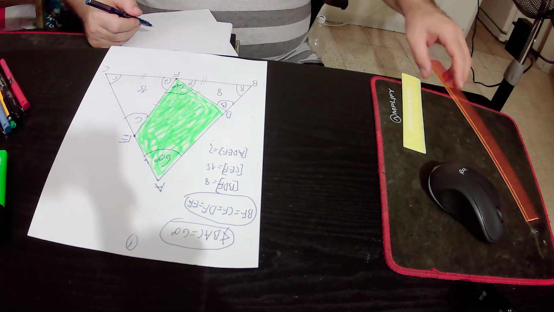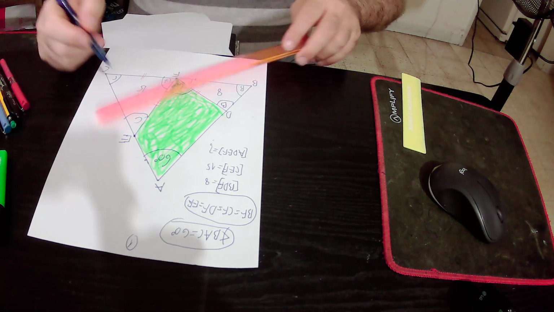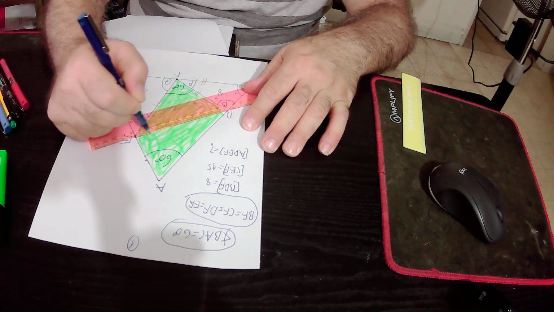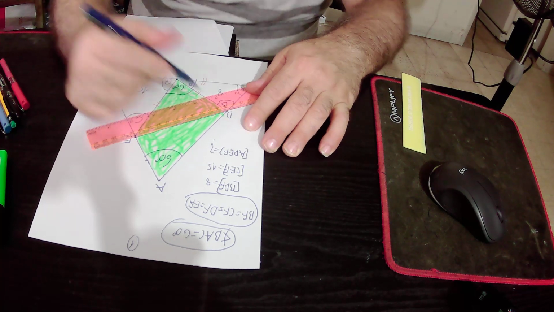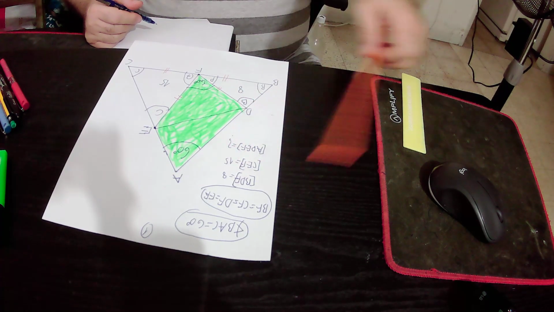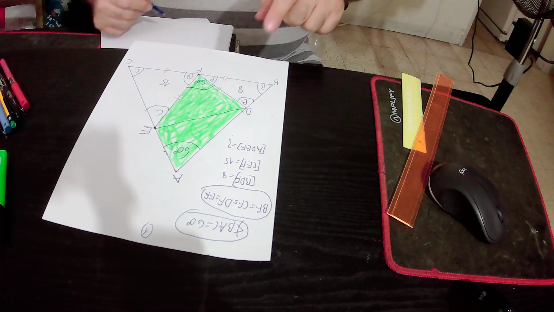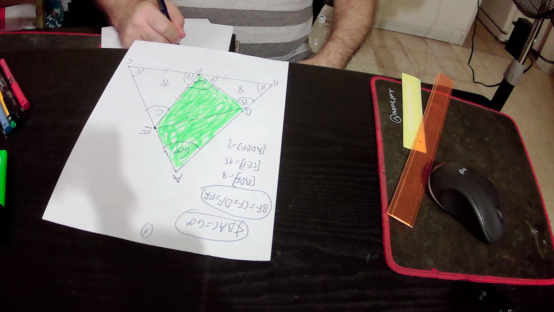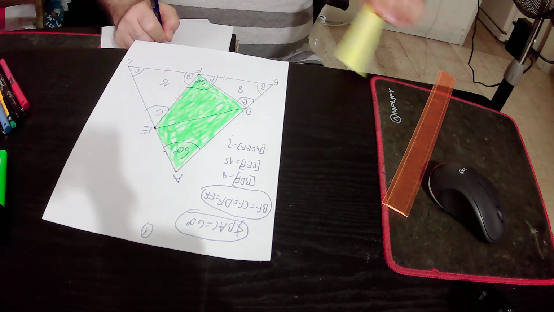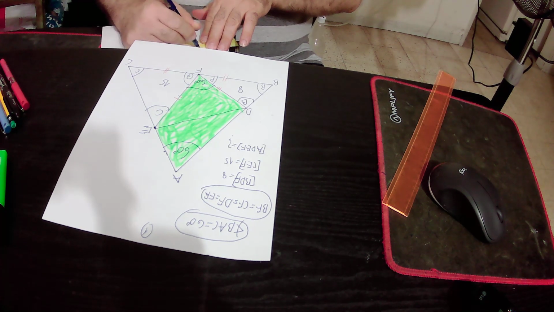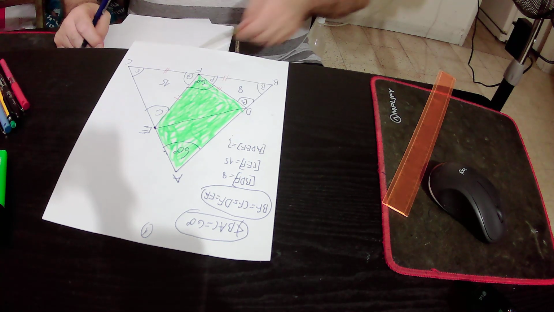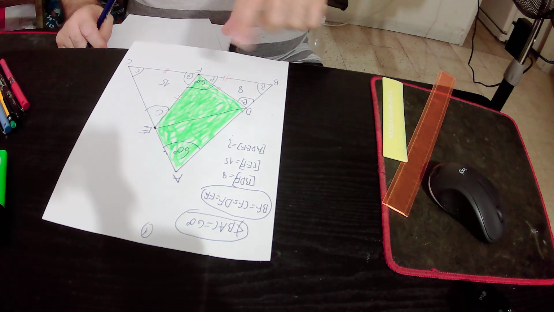In the next step, we will join together points D and E by a straight line. We will focus on triangle DFE. So, in triangle DFE, it is given in the question that DF equals EF.